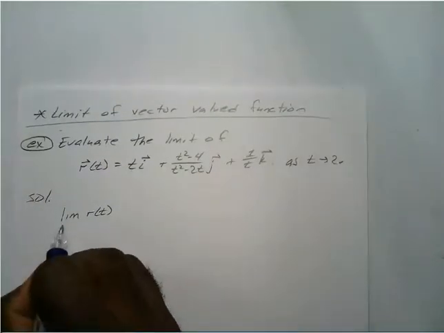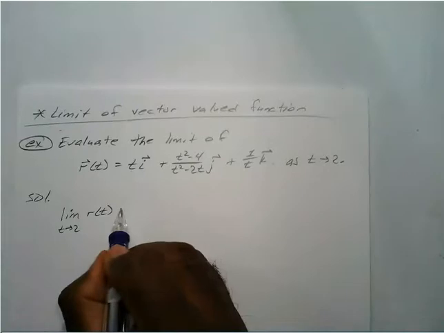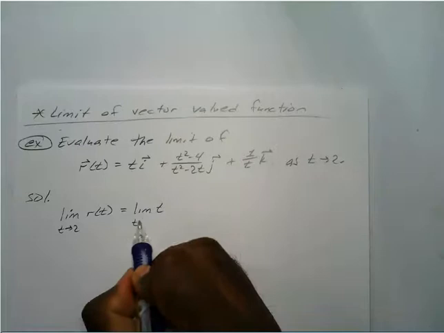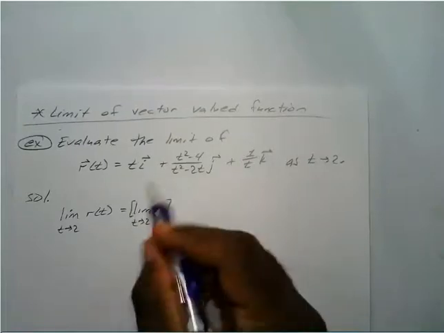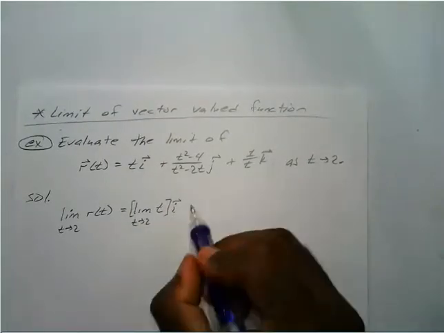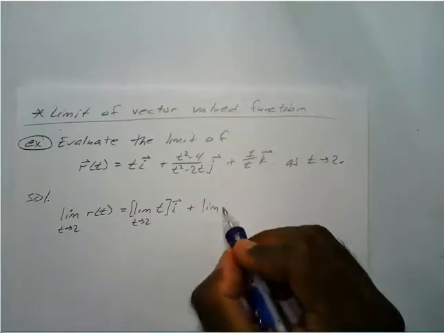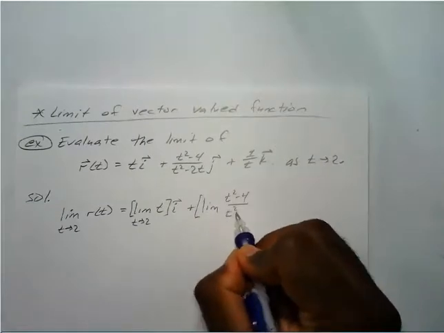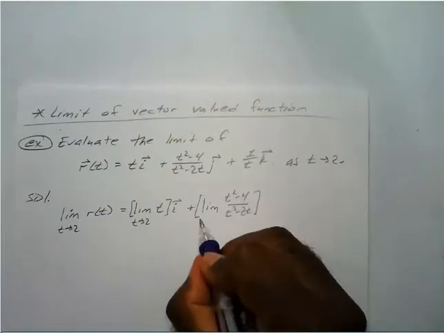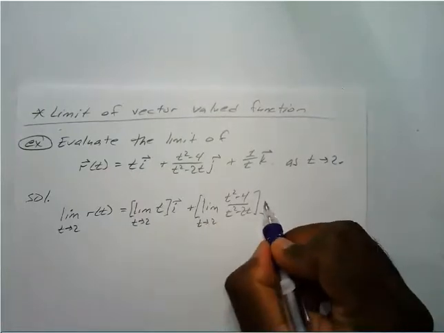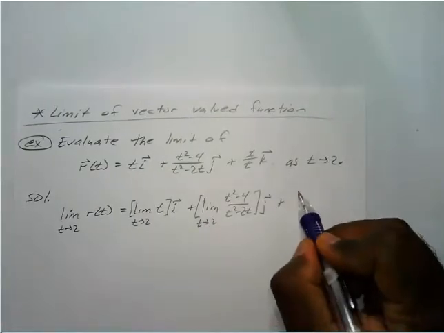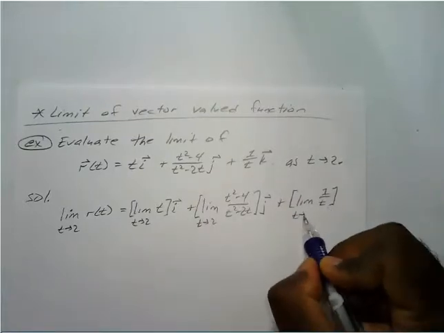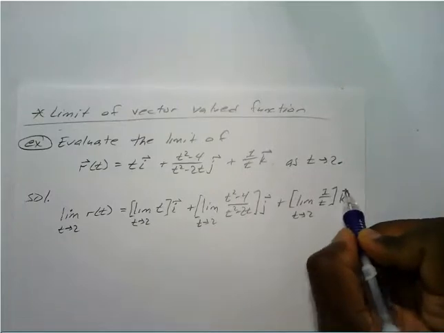So the limit of r of t as t approaches 2 is equal to the limit of t as t approaches 2 times the I vector plus the limit of t squared minus 4 over t squared minus 2t as t approaches 2 times your j vector plus the limit of 1 over t as t approaches 2, and that's times the k vector.